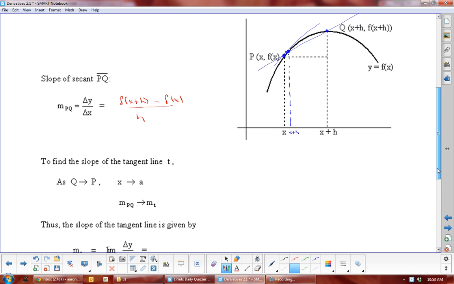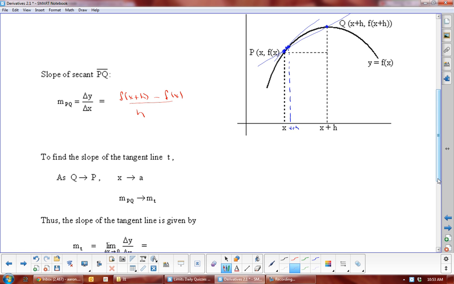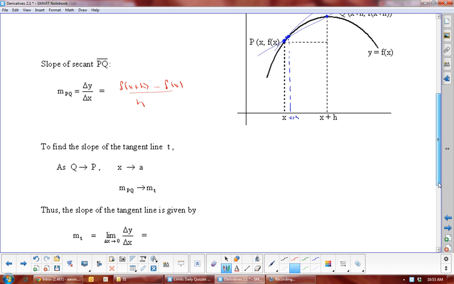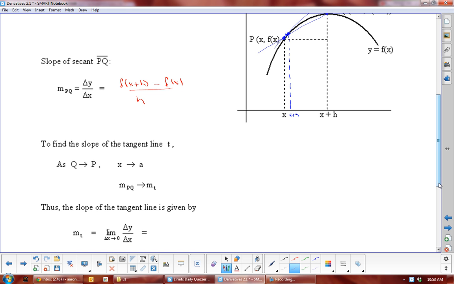So all we're going to be doing now, instead of actually finding it for one point, once we find the slope of this curve, we can start putting in different x values, and we'll be able to find the slope at any point on that curve.